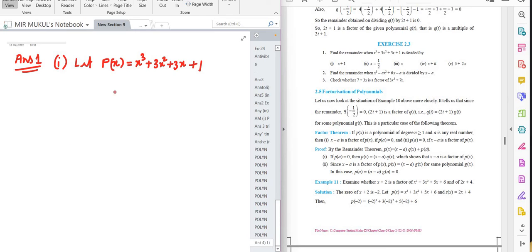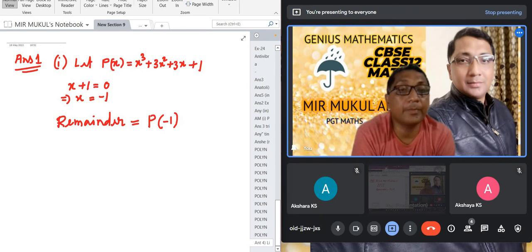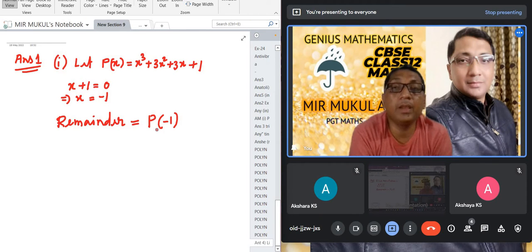Now, if you are dividing by x plus 1, what will be the value of x? Here x plus 1 equals 0, so x equals how much? Minus 1. So the remainder equals P(minus 1). Understood this? The remainder will be P(minus 1).